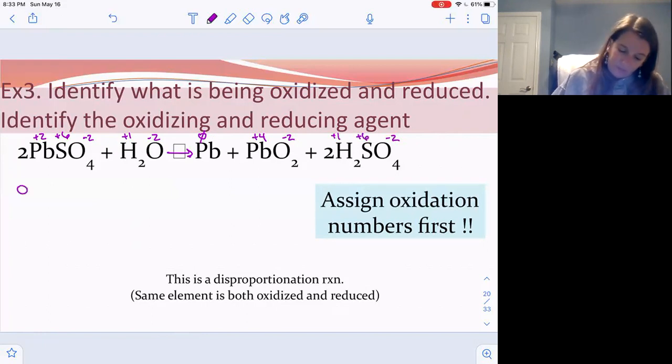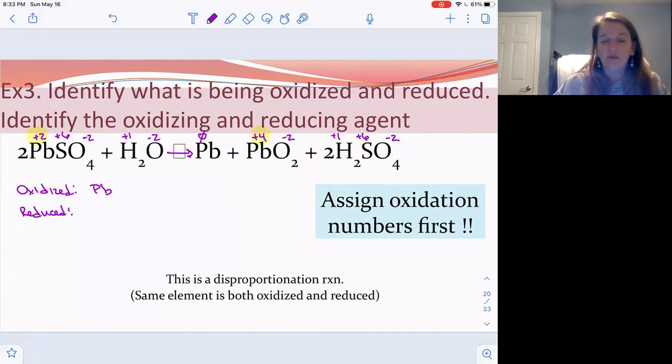So what's oxidized? What got more positive? What lost electrons? The Pb, because it goes from +2 to +4. What was reduced? What got more negative? Well, it's also the Pb, because it goes from +2 to 0.